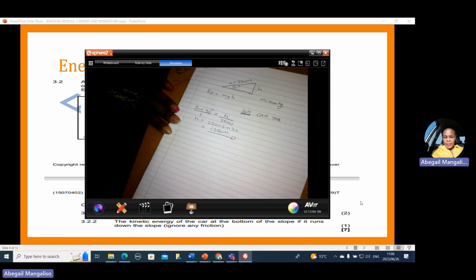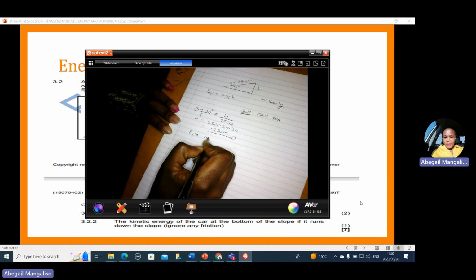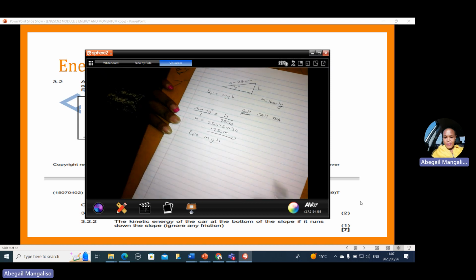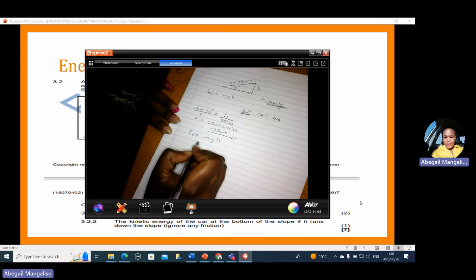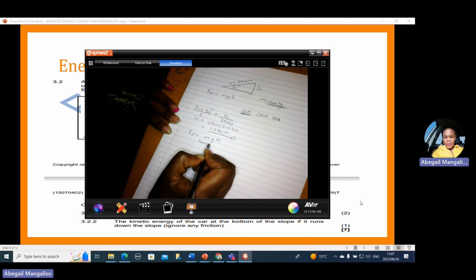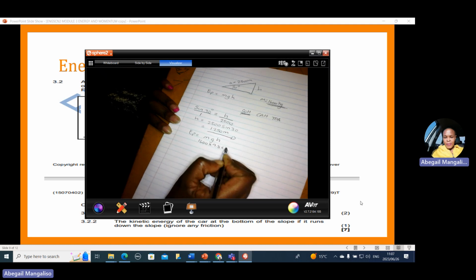Now we can go back to the formula of potential energy and substitute. So it will be EP equal to mgh. Where there is m, you put 1,600. So this will be 1,600 multiplied by 9.8 multiplied by 1,250.